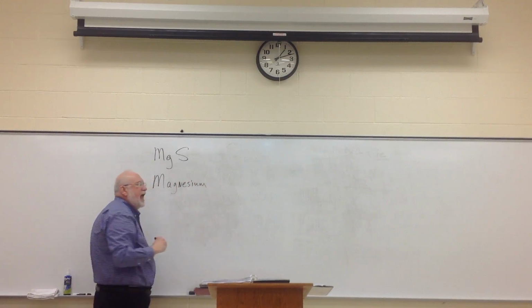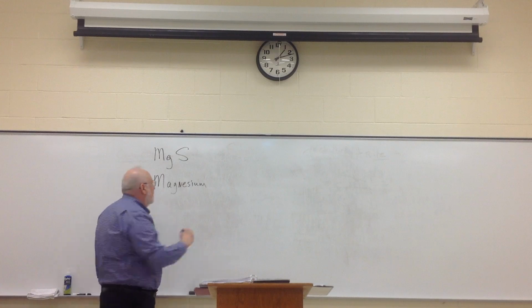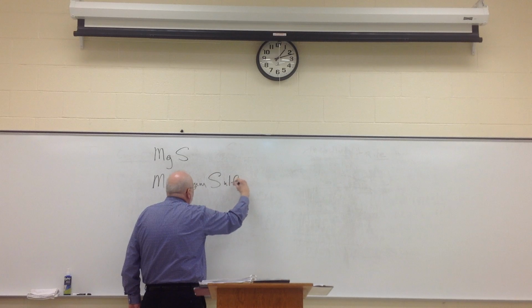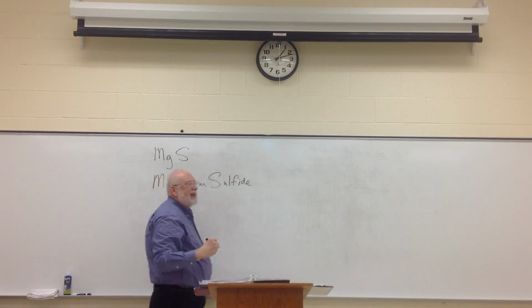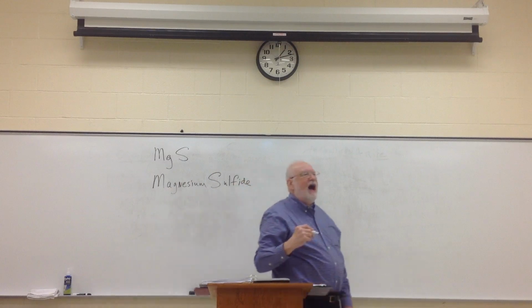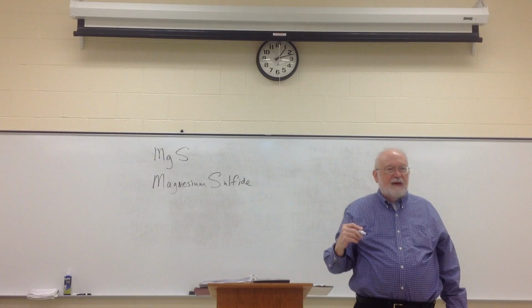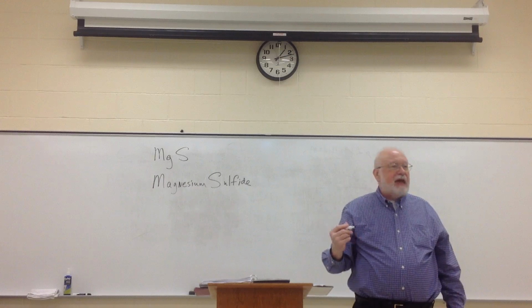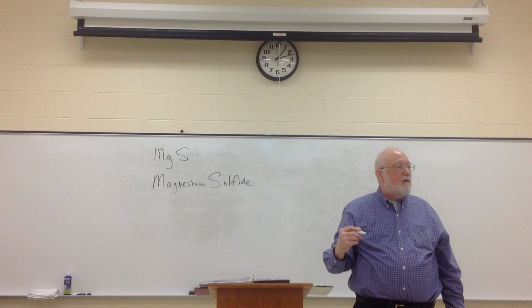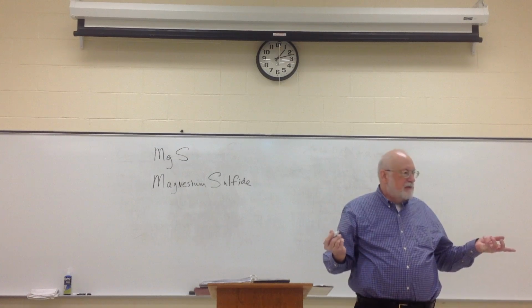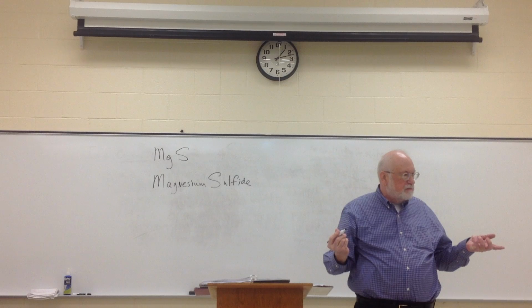And what is the anion? Magnesium sulfide. Right? There it is. We've got the magnesium ion bonded with the sulfide ion done. All right? Well, that was simple, wasn't it?